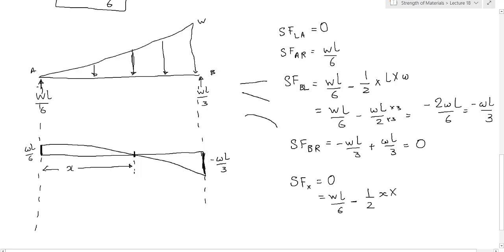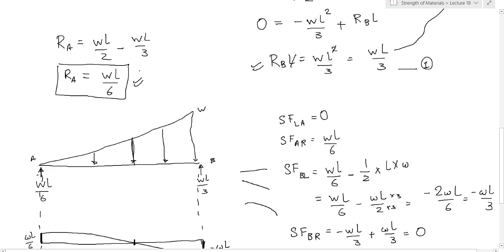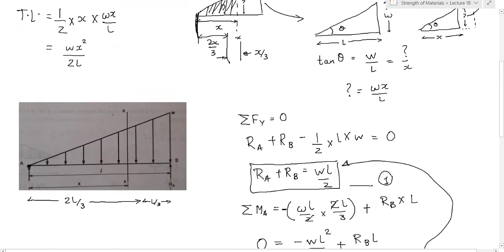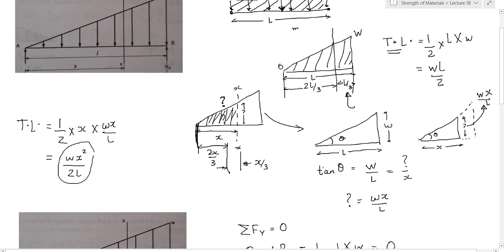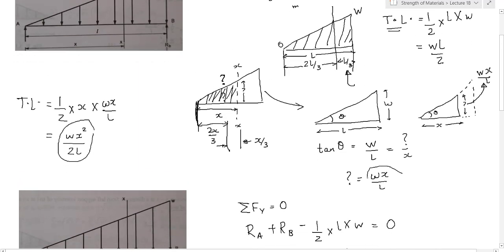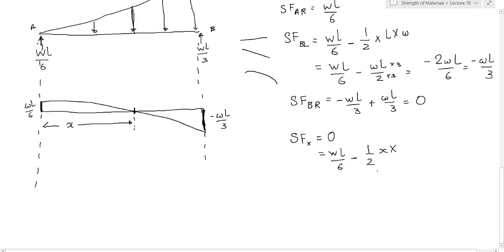Height, I told you, is Wx by L. So I can substitute that over here. Over here I get WL by 6 minus Wx square by 2L.